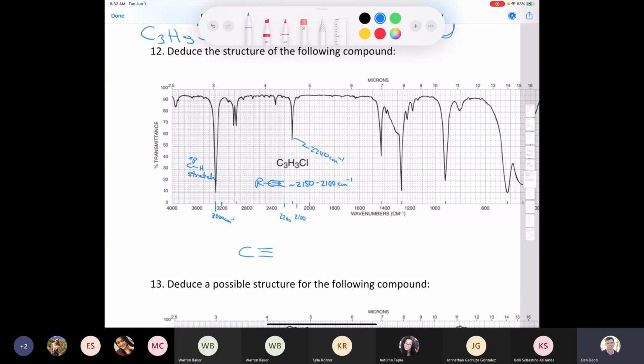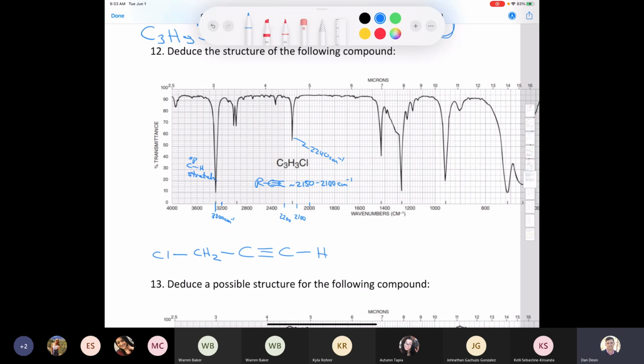We've got a carbon-carbon triple bond with a hydrogen. So far out of C3H3Cl, we've got 1 carbon left over, 2 hydrogens, and the chlorine left over. There is literally only one possible way we could arrange those elements attached to this piece: to have CH2 and then a chlorine like this.